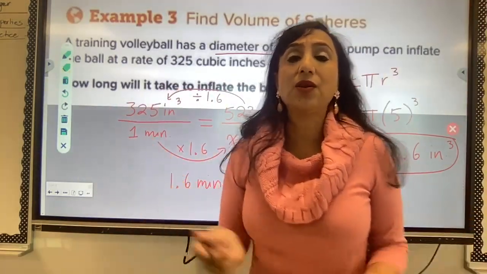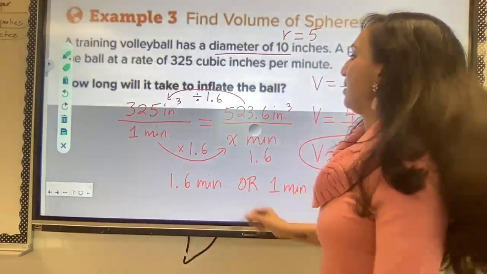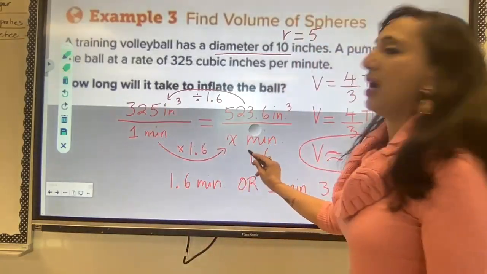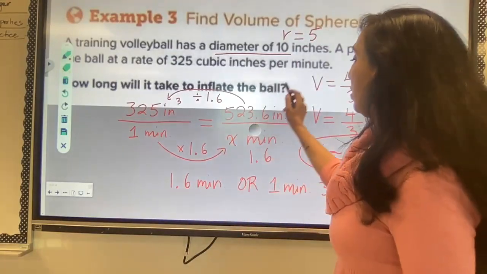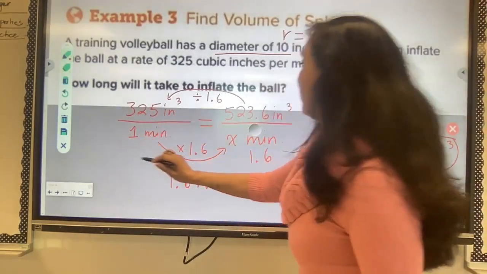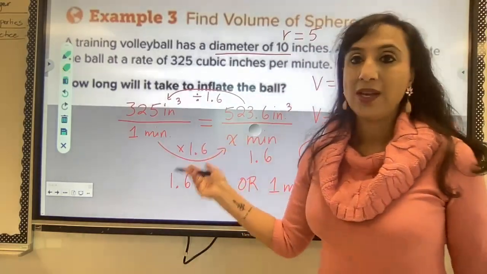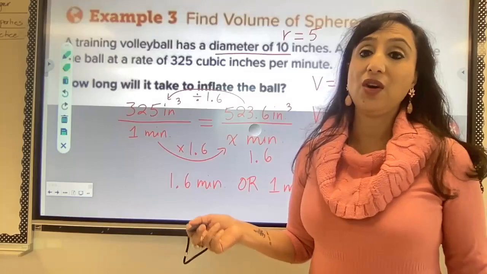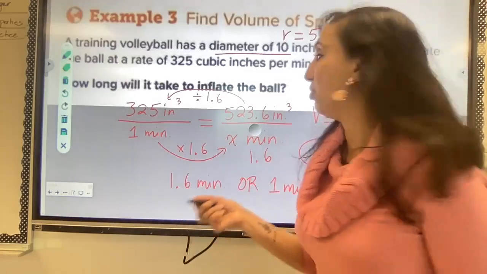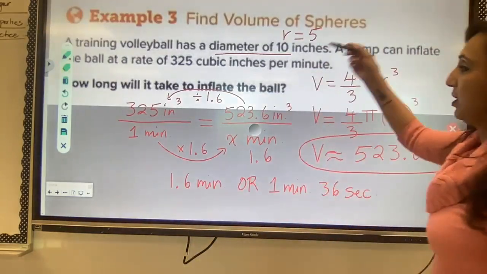You can also do cross products. That means 325 times x, which is 325x, is equal to 523 and 6/10 times 1. So ultimately what happens, you end up with again division, because you're going to do the division property of equality. Okay, this is what I'm saying.